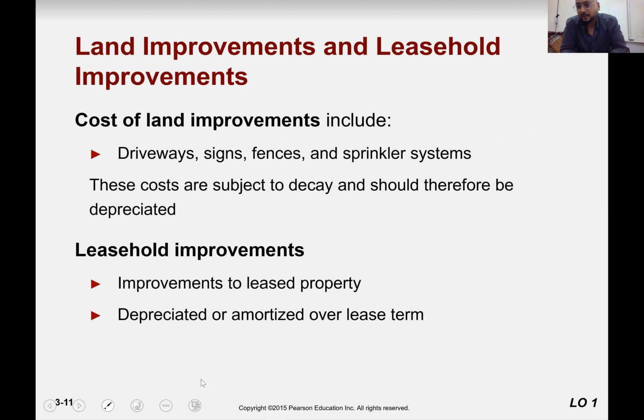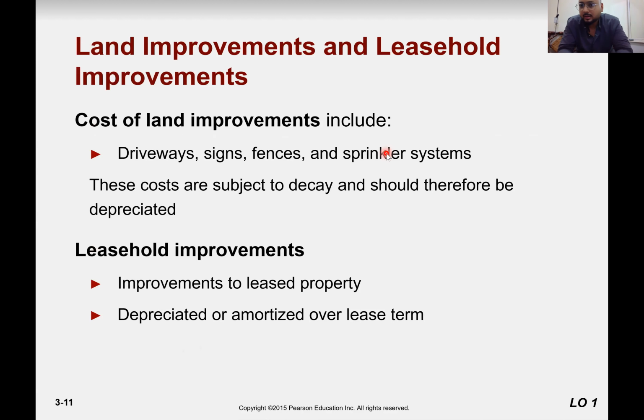Now land improvements. Land improvements are driveways. You build some car parkings, right? You make a shed for the car parking, artificial roof, this kind of stuff, signs, fences, sprinkler system. You install a watering sprinkler system so that the water can be distributed to the grass or to the plants automatically.